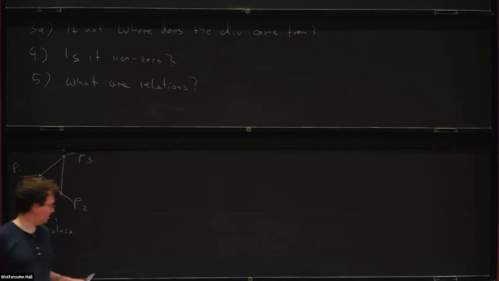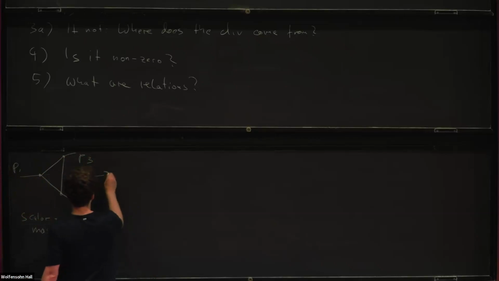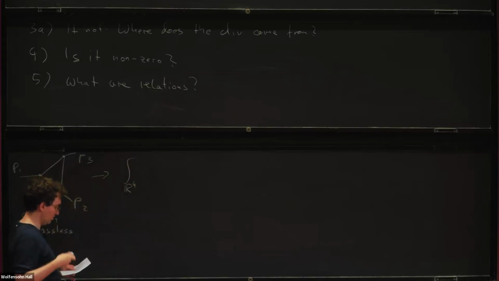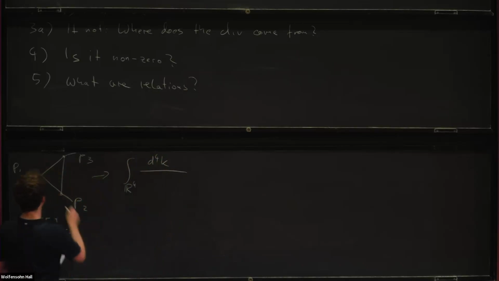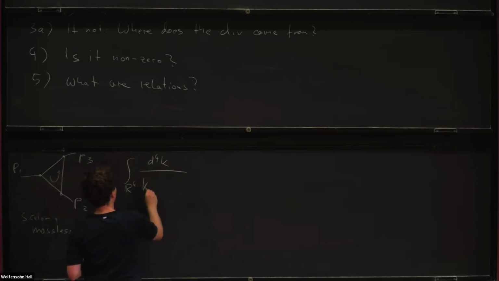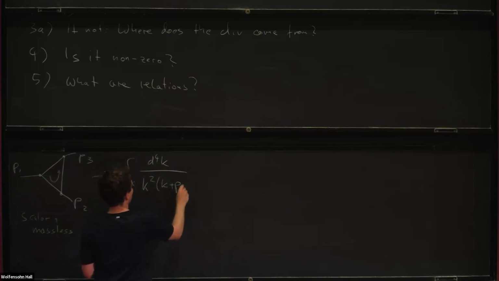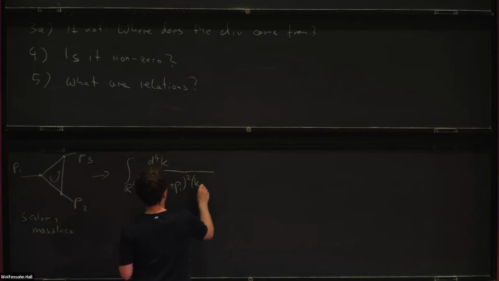I think that everybody in this room can probably just write down the Feynman integral for this graph. Let's say we are in Euclidean space. So this is just going to be an integral over four-dimensional Euclidean space, an integral over R^4. And we integrate some loop momentum. So the loop runs around the circle here. And in the denominator, we have k^2, (k+p1)^2, and (k+p1+p2)^2.